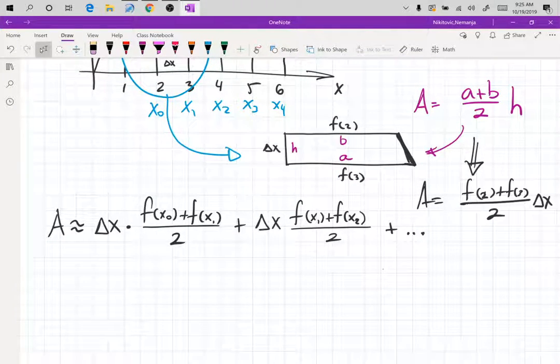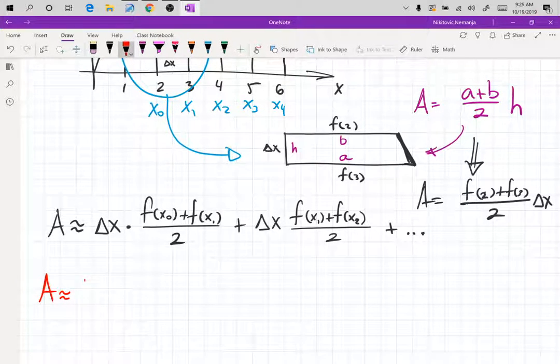So to create the formula, this is the formula we are memorizing. Area for the trapezoid, so Tn, trapezoid rule with n rectangles. You can have 4 rectangles, you can have 100, you can have 1,000, depending on what you code in. Or you can use user input, that's the best.